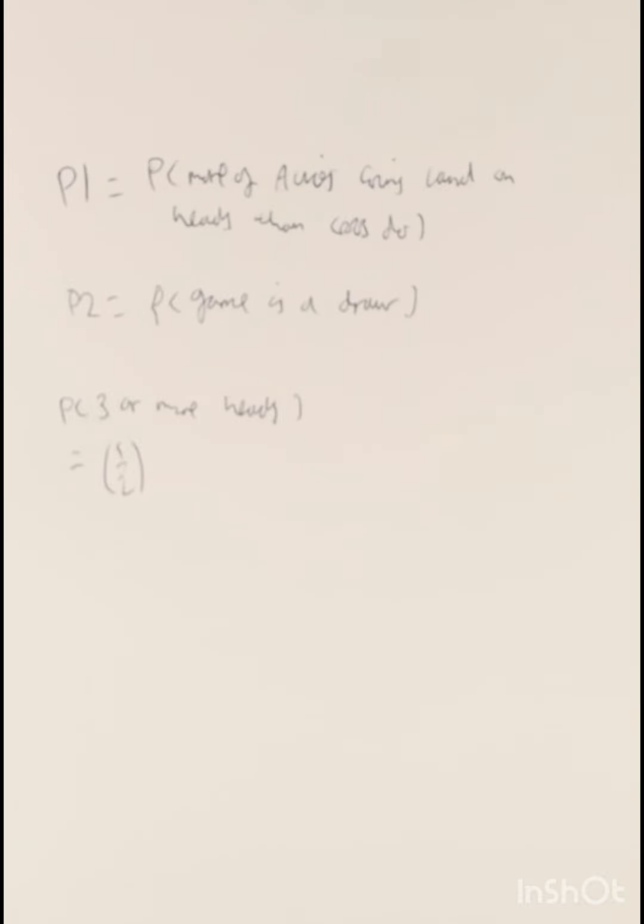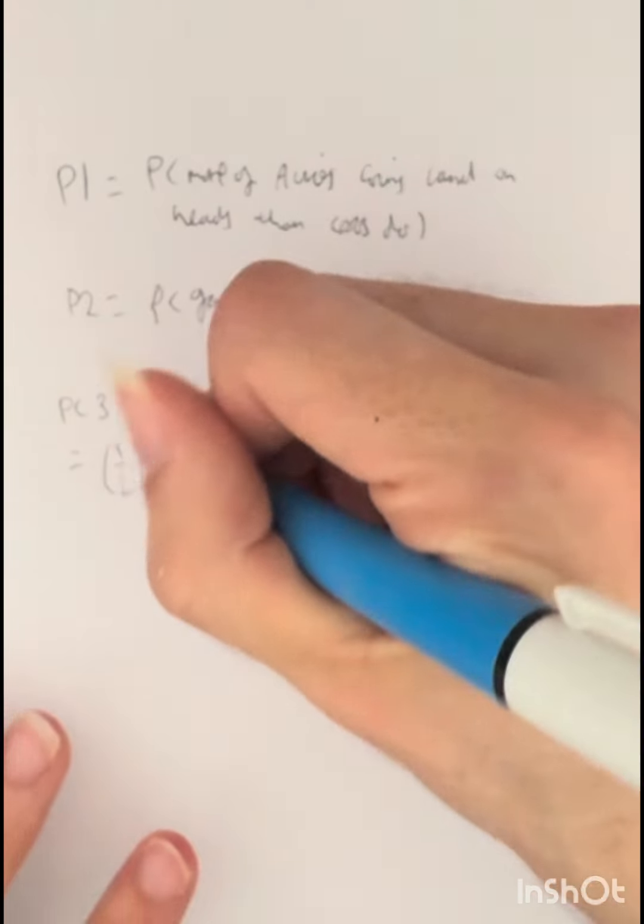So the probability of 3 or more heads would be 1/2.